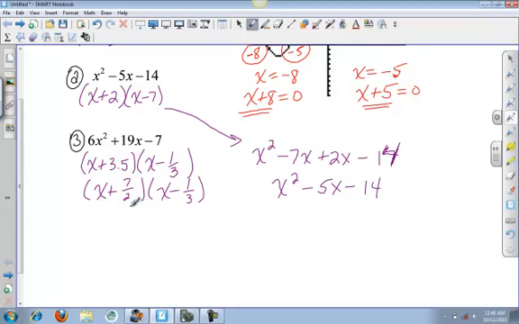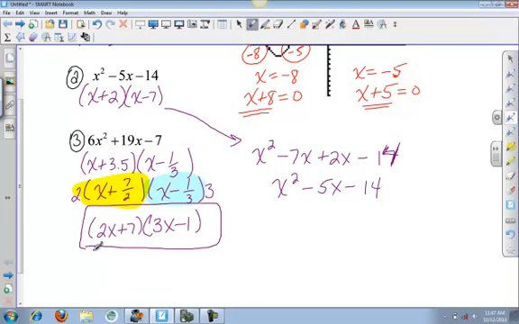So take a look at your first factor and think about what you could multiply it by to eliminate the fraction, and that would be a 2. If we do that, we'll have 2x plus 7. Then you do the same thought process with the second factor. If you multiply that by 3, you'll eliminate the fraction, and that would leave you 3x minus 1. Now, those are your two factors for 6x squared plus 19x minus 7.